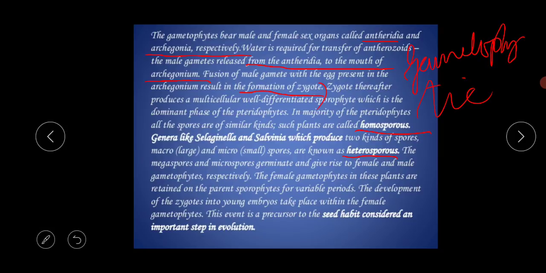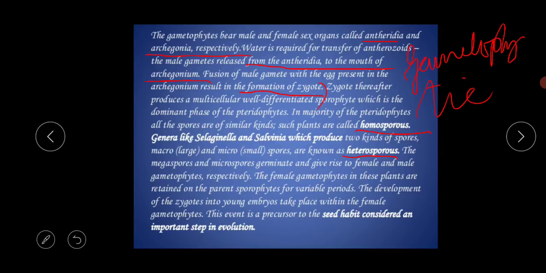After that, the megaspores and microspores germinate and give rise to the female and male gametophytes respectively. The female gametophytes in these plants are retained on the parent sporophytes for variable periods of time.